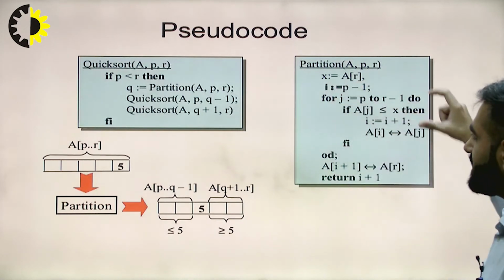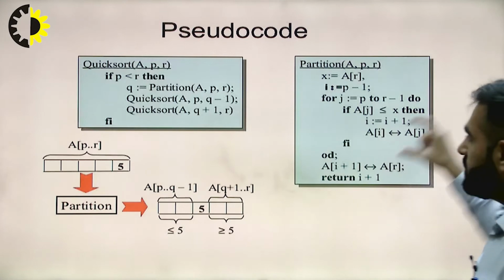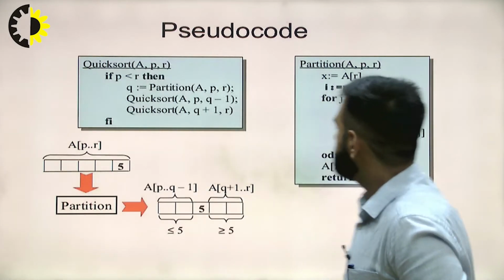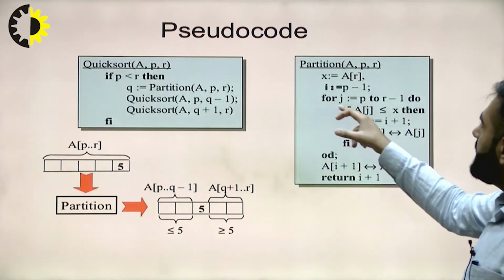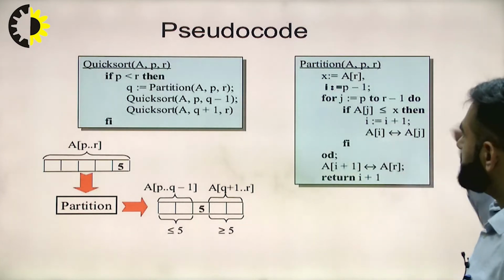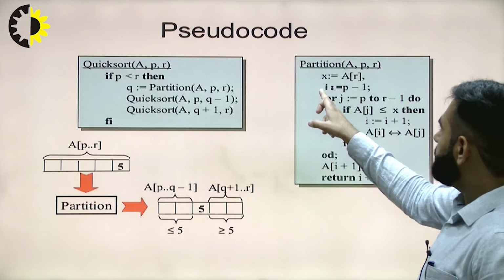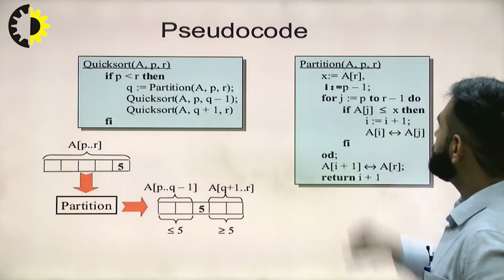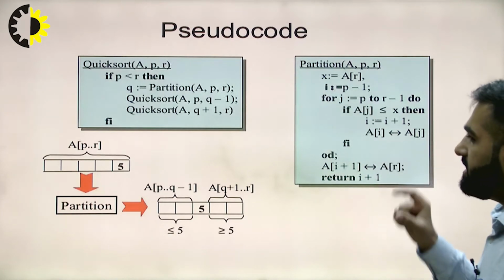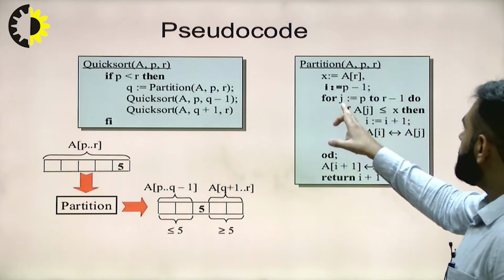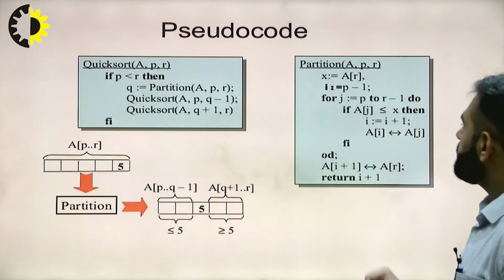And here in this algorithm, I have taken the last value, which is 5 here, as a pivot. See, now i equals p minus 1. The first index is p, and we have taken the i value as p minus 1, that is index 0, if I have started the indexing with 1. Now for j from p to r minus 1, we will start a loop.